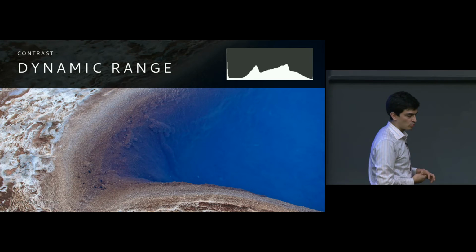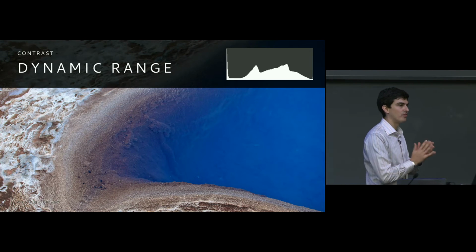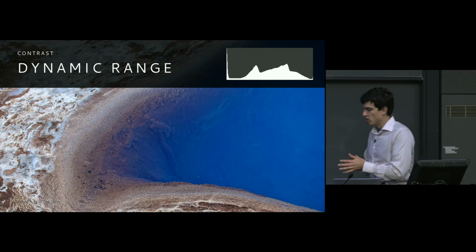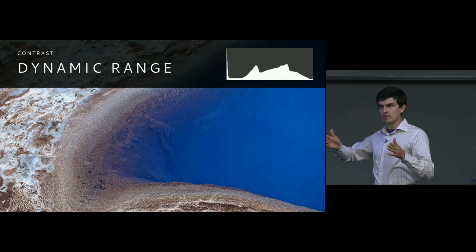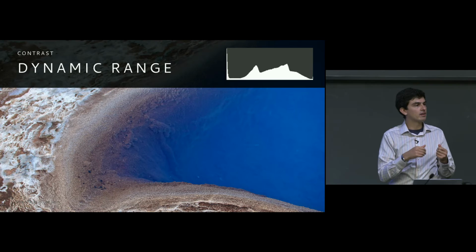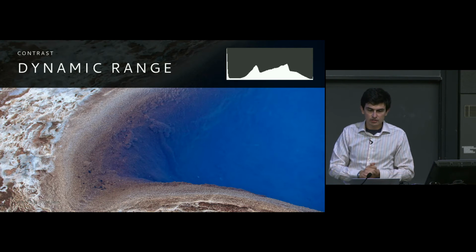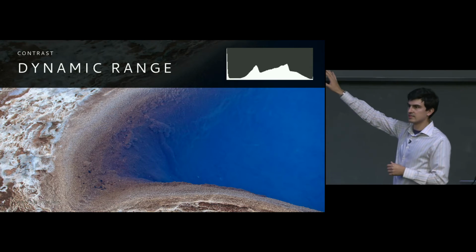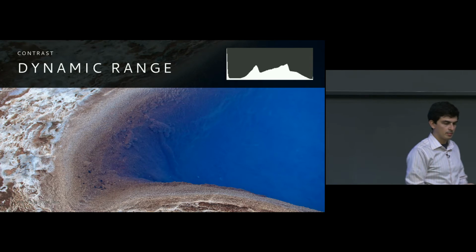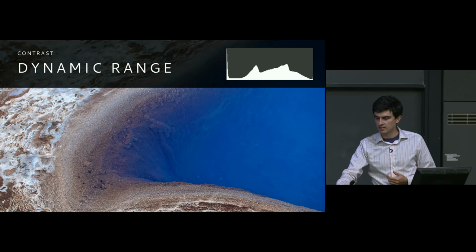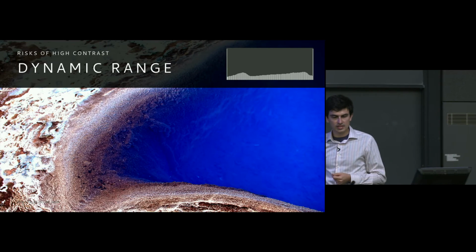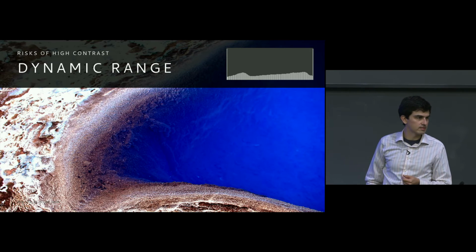But it's also important to realize that I have a fixed number of values, particularly for JPEG file types or other 8-bit file types, where the more I spread them apart, the more gaps I'm going to have between those values. So I have a histogram that looks like this, which looks relatively smooth and relatively continuous. But if I really increase the contrast of this image, we get something that looks a little bit like this.